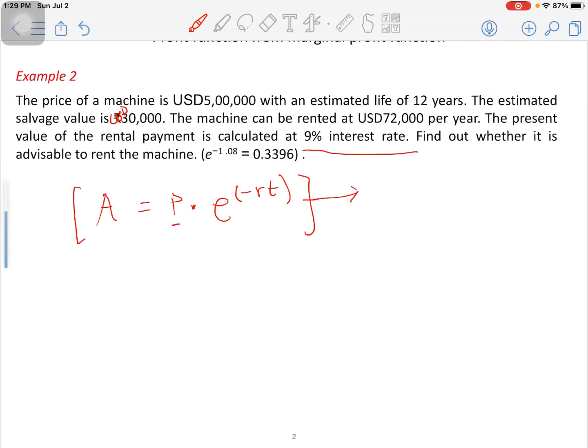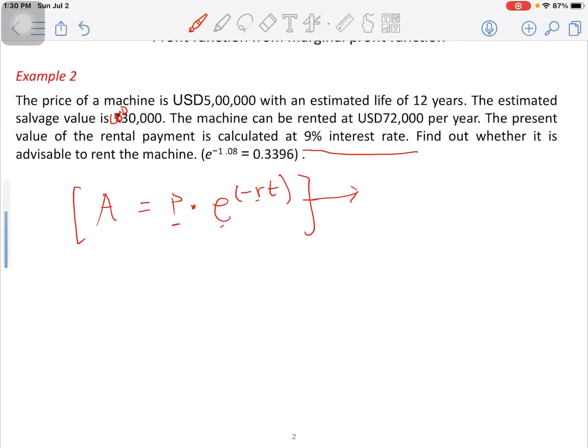The E is the mathematical constant, Euler's number, which is approximately a value you get when you type E in a calculator. And then the R represents the discount rate, which you can express in decimal form, and T represents the time period in years in the future when the cash flow is expected to be received.